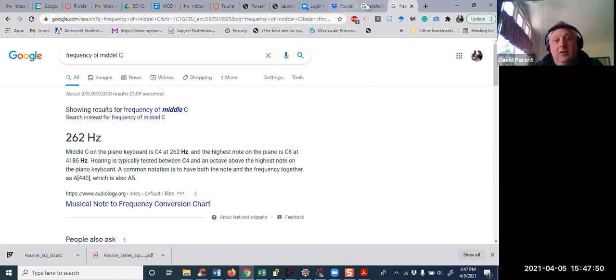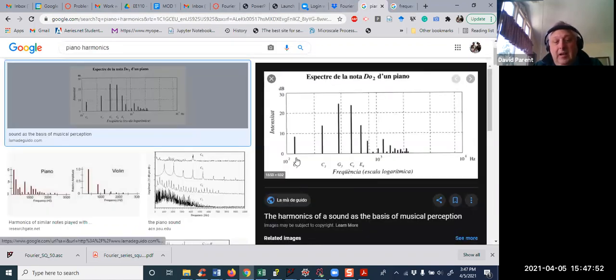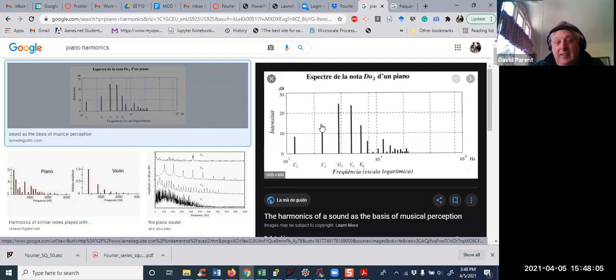So I can have a fundamental frequency of 260 hertz, and then I have these other frequencies that come along with it that make it sound like a piano. And you can see that has a certain intensity, and then I have larger intensities, and then it kind of comes and goes.